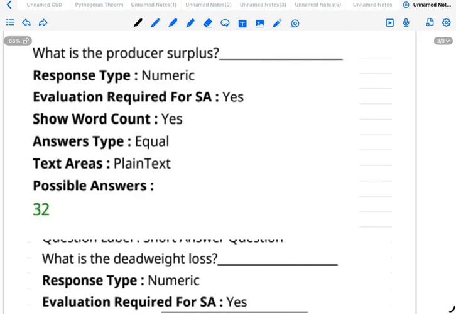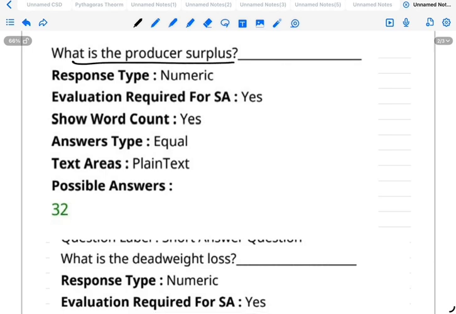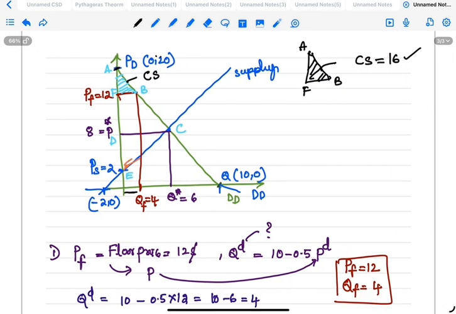The next question is what is the producer surplus and what is the deadweight loss. This orange area is PS, the producer surplus.